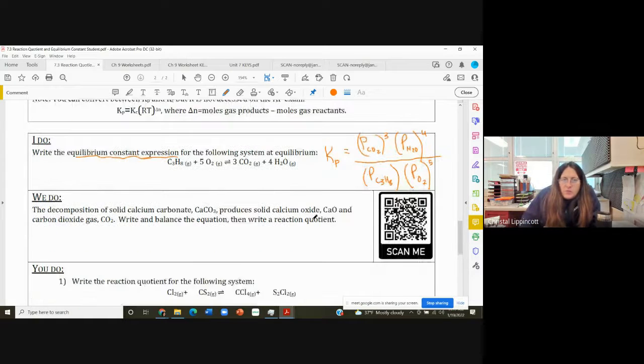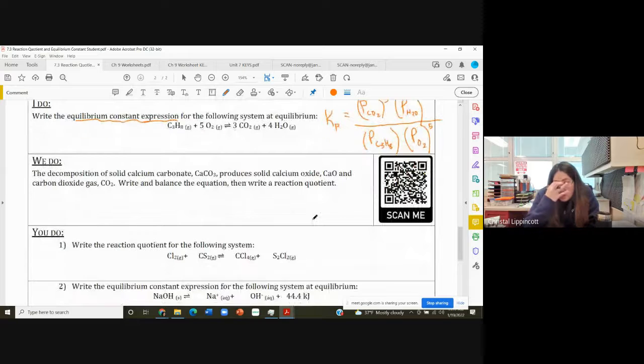All right, you good? Let's see if I can get this one right for y'all. All right, so we're writing a balanced equation for the reaction quotient. Okay, so we've got decomposition of solid calcium carbonate. So that's going to be CaCO3, and that's a solid.